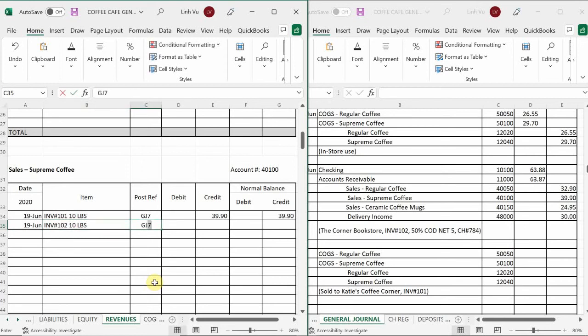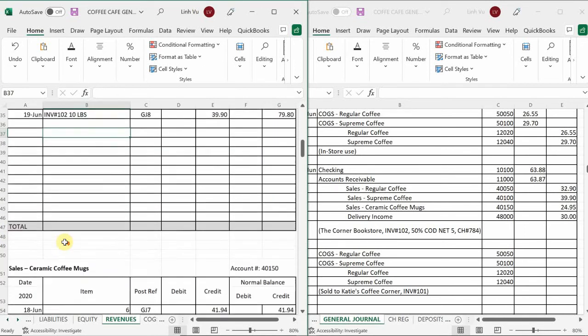It's on page 8, and then $39.90 for credit, and then a total of $79.80 for credit. You say 79.84? No, it's 80. Okay. Good.